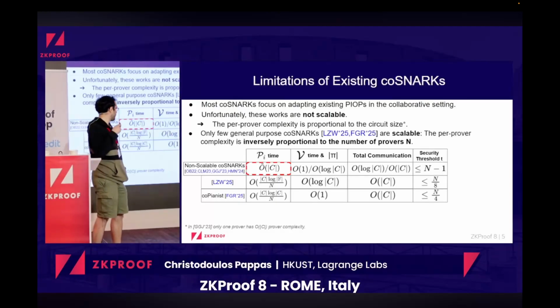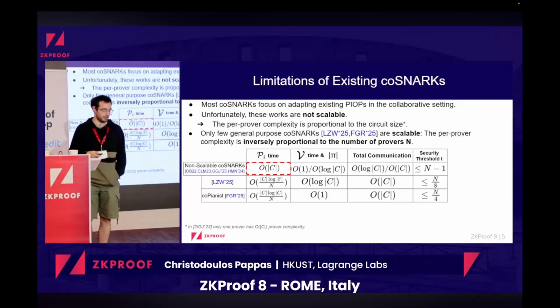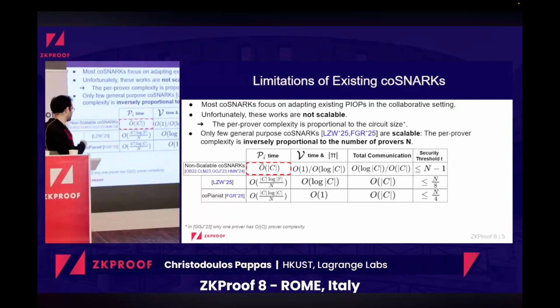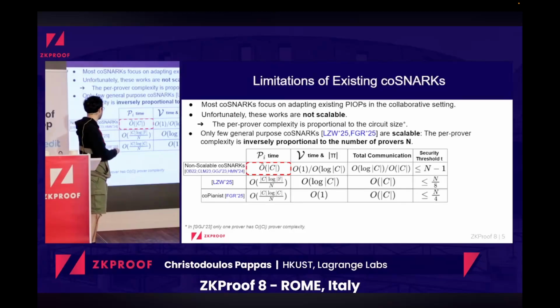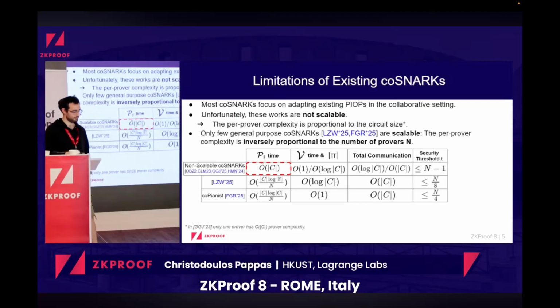In fact, there are only two works that actually try to construct scalable co-SNARKs. And as you can see from this table, the per-prover time complexity is inversely proportional to the number of provers. So we don't only have a very good security guarantee, but also the more provers we have, the smaller the prover time. Unfortunately, these two works have some limitations.